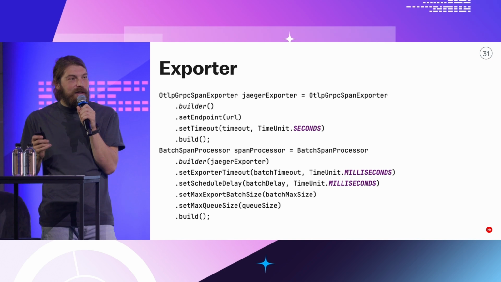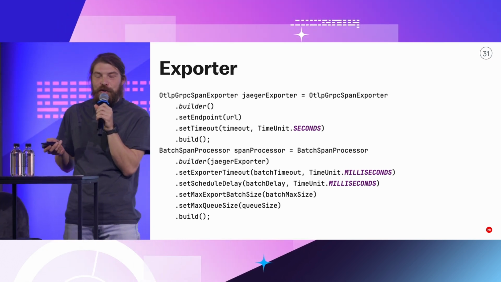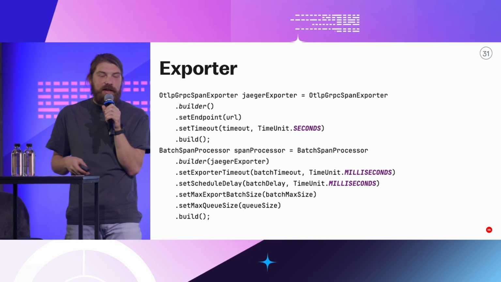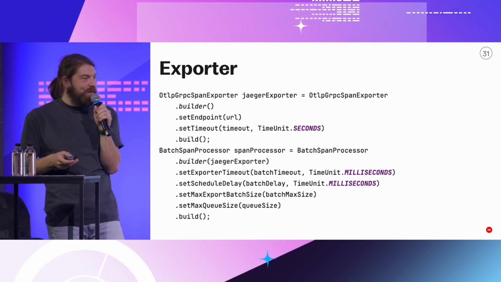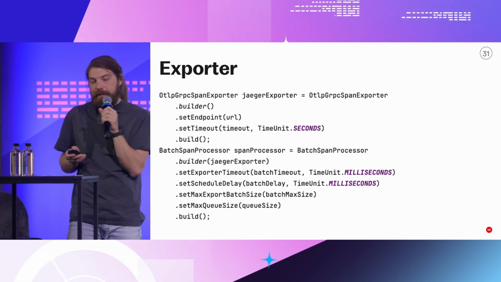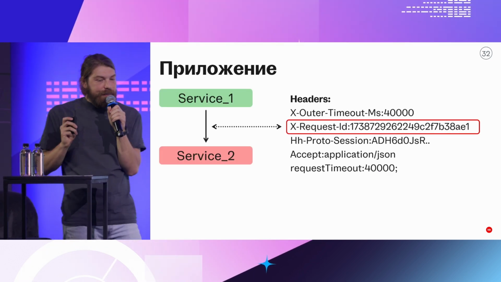We also added a maximum length of queue because before we did that, we had a few cases of out of memory, so memory overflow. So actually, limiting it was a good idea.